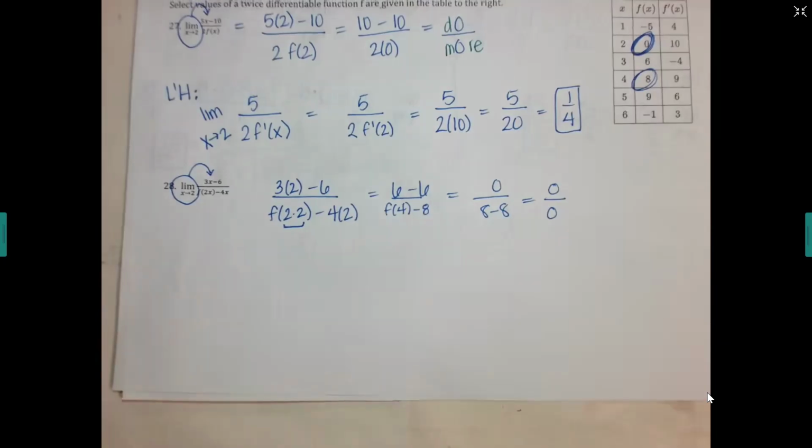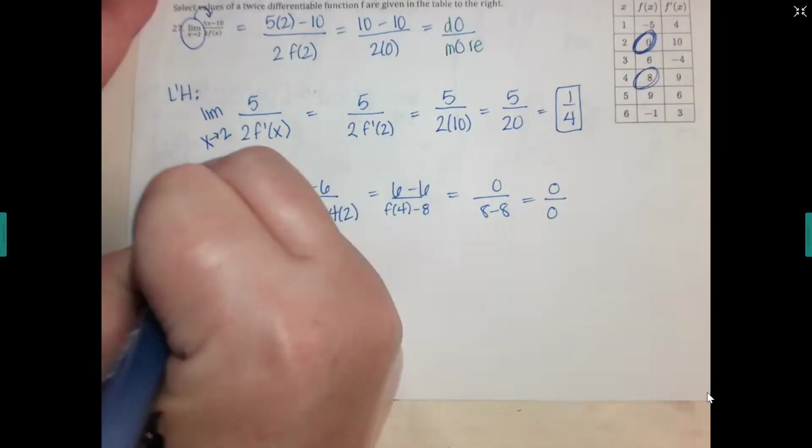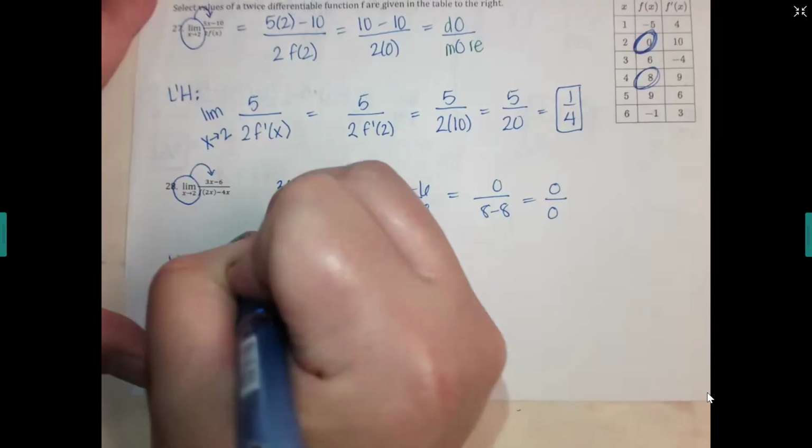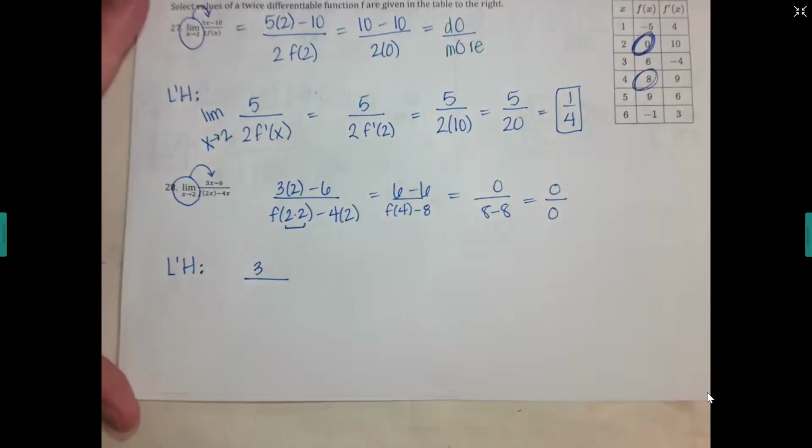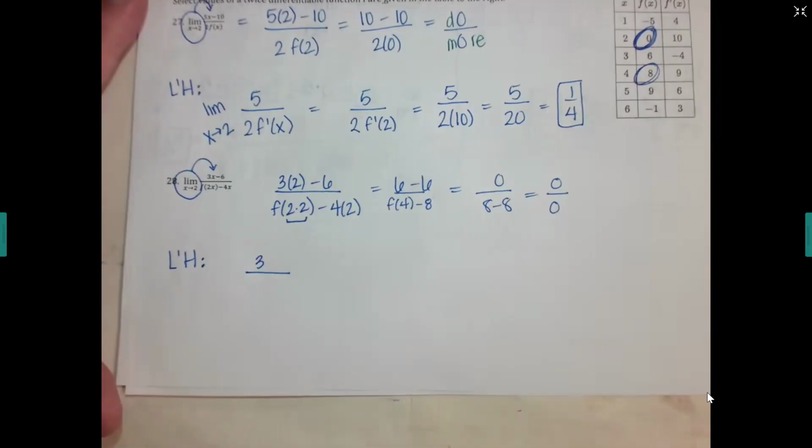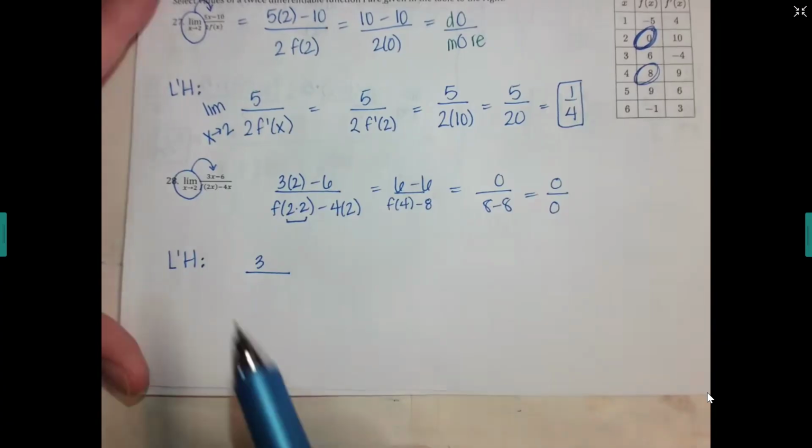We're going to take the derivative. Okay, what will the derivative be of the top? Just a 3. Okay, on the bottom, what rule are you going to need to take the derivative of the f of 2x part? Chain rule. Because it's not just f of x, it's f of 2x, right? So my f is going to go to what?